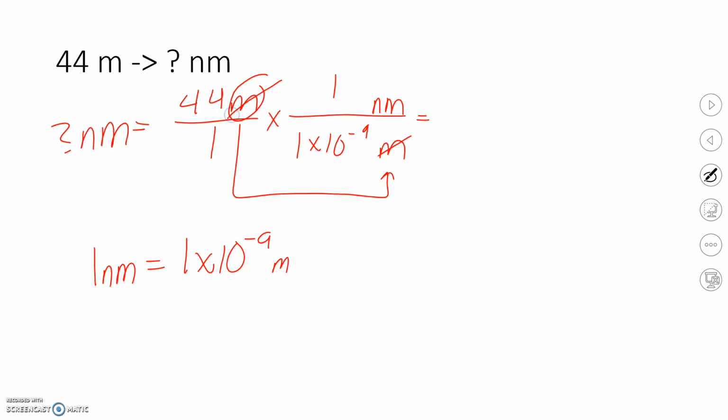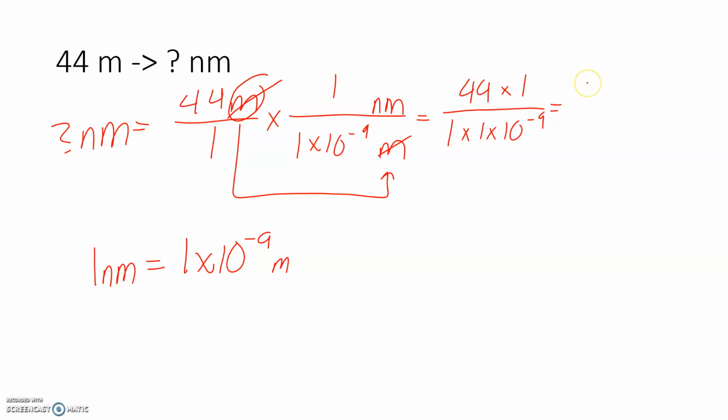So then our meters cancel, and so we're left with 44 times by 1 on the top, and 1 times by 1 times by 10 to the negative 9 on bottom. So when we go through and plug this in, it should be 4.4 times 10 to the 10th nanometers.